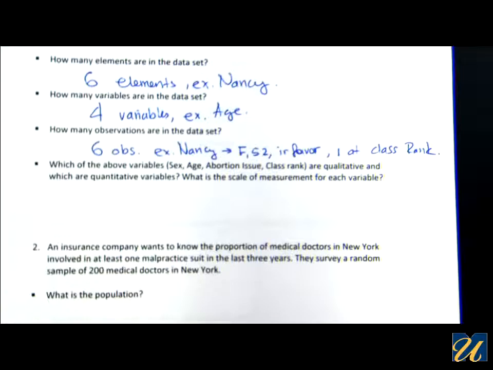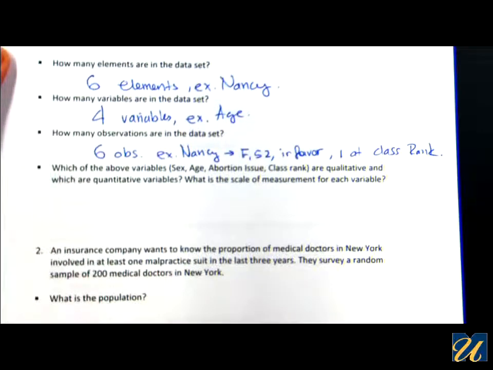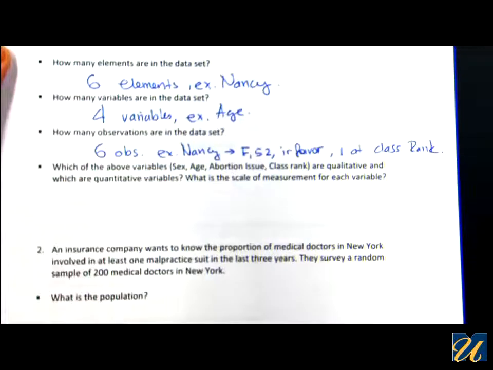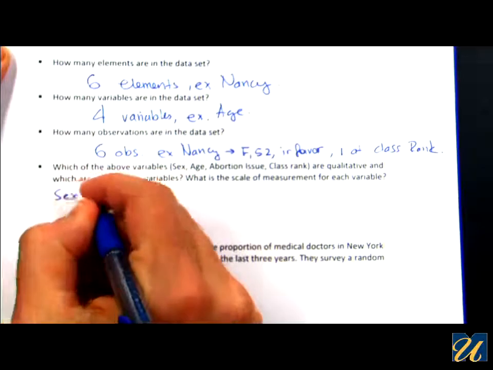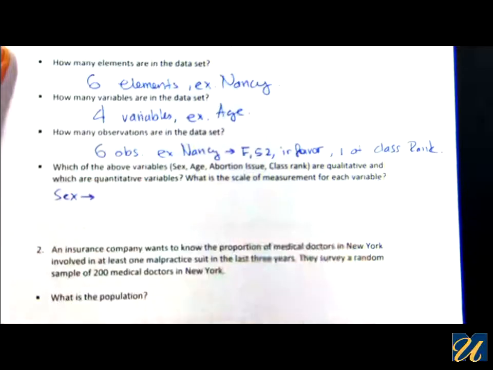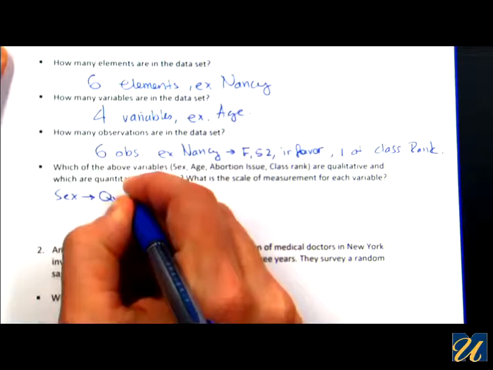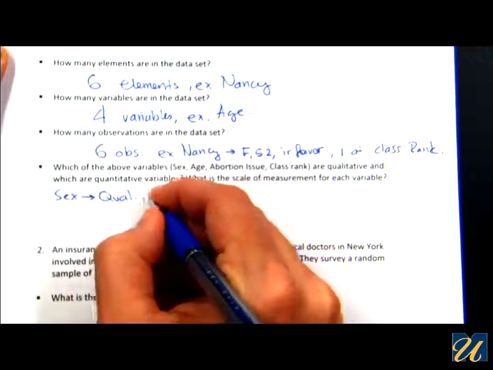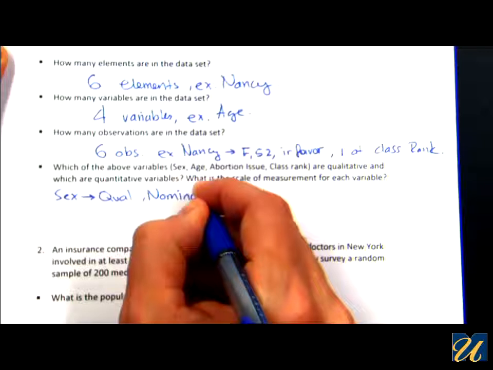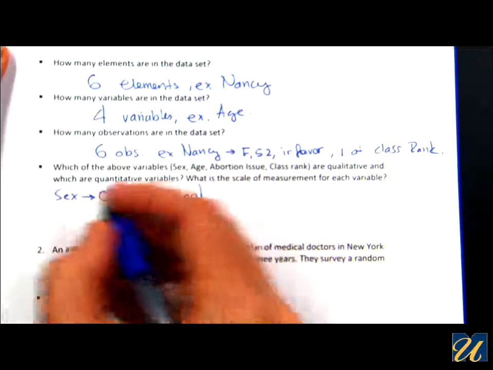Which of the above variables, sex, age, abortion issue, class rank, are qualitative and which are quantitative? What is the scale of measurement for each variable? So we take each of the variables. So we start with sex, gender, that would be qualitative, nominal, order is not important, male, female.